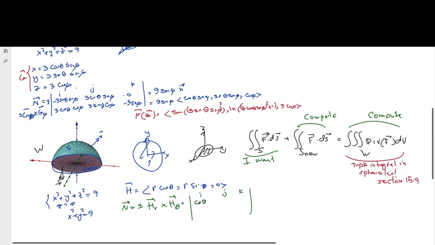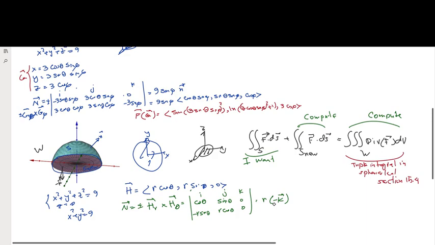Cosine theta, sine theta, and 0 with respect to r, and that with respect to theta is this. If you compute it and simplify, and simplification is very important, you get r times the negative k.